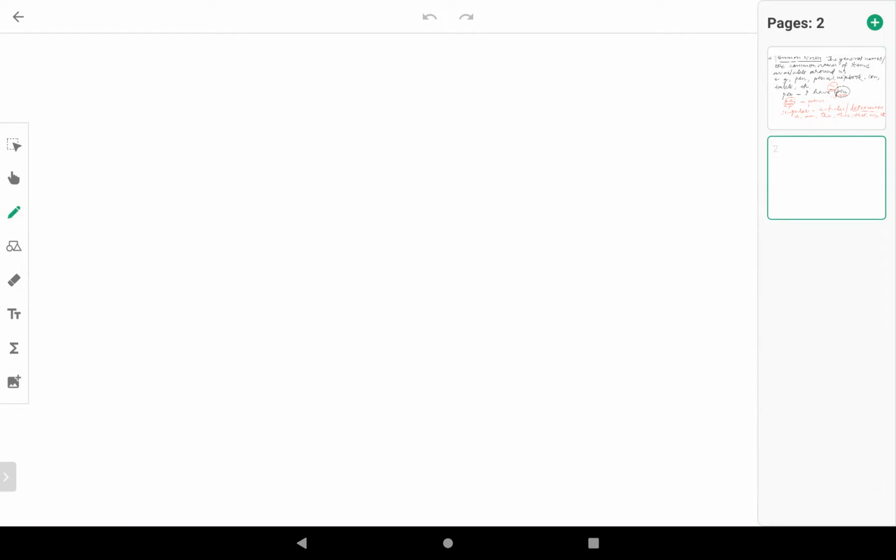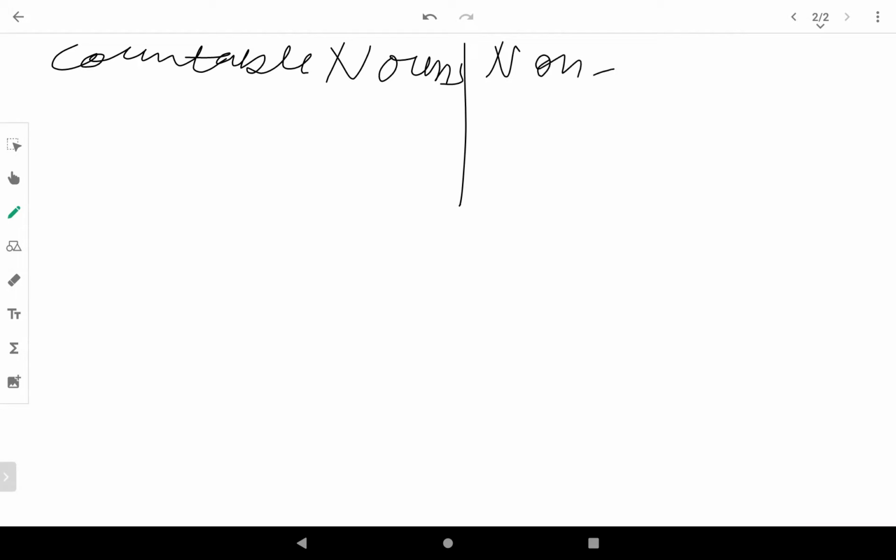Next, when common nouns are used, we have to learn a particular situation of noun. That is, common nouns are categorized under countable nouns and you can say non-countable or uncountable nouns.